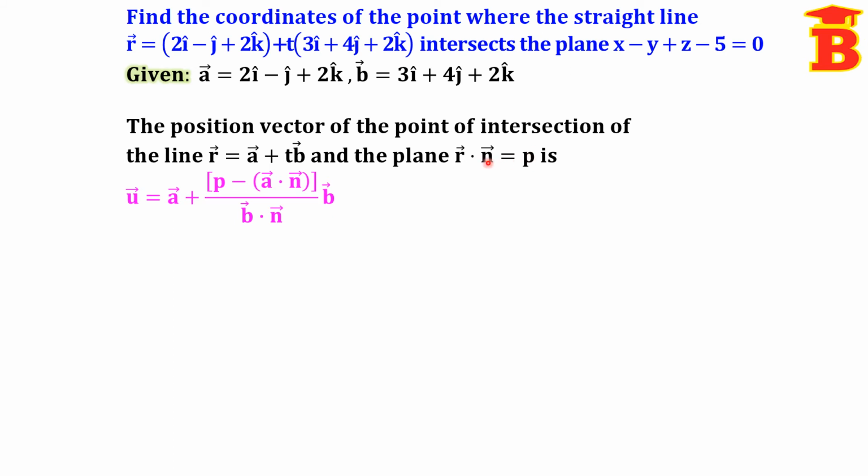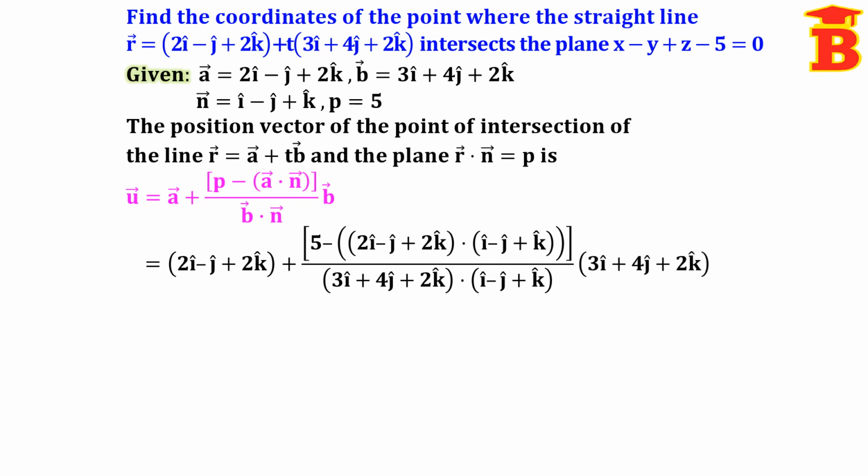So from the plane equation we have the vector n vector equal to i minus j plus k, and here the constant is equal to 5. So that 5 is the p value. Now we have all the values, just substitute in the formula and simplify, we can get the answer.